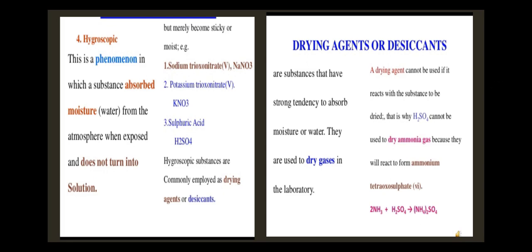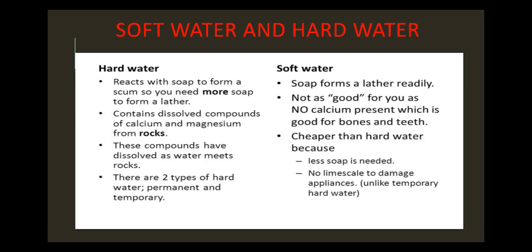Now next is hard water and soft water. I don't have to give you a detailed description of soft and hard water, I think, because you have been reading it since class 6. So all of us know that natural water contains dissolved salt in it, and the water which forms lather easily with soap is called soft water, because it has less amount of dissolved salt in it, and the water which does not form lather easily with soap is termed hard water.